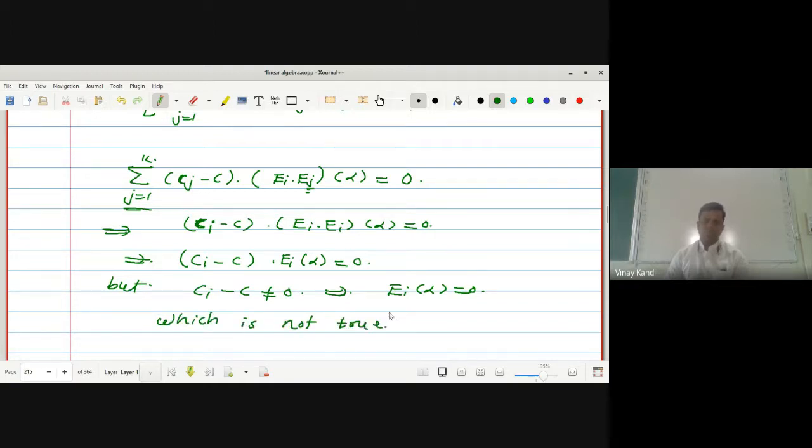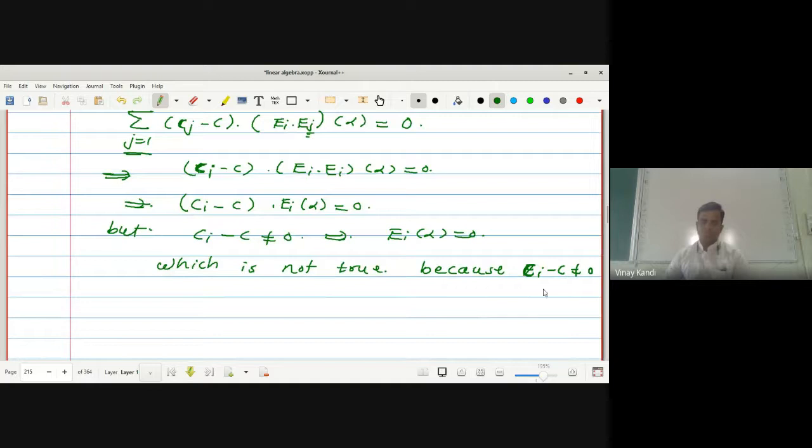Okay, why? Because each Ei is non-zero. We get this contradiction because ci minus c is not equal to 0 and Ei of alpha is not equal to 0.